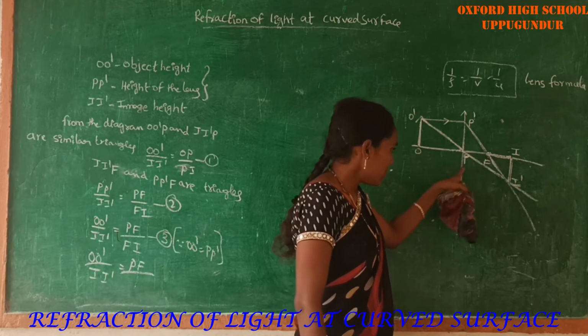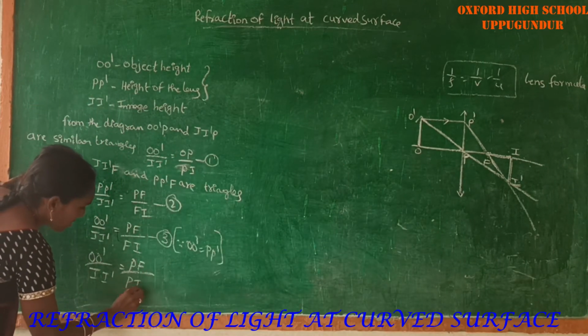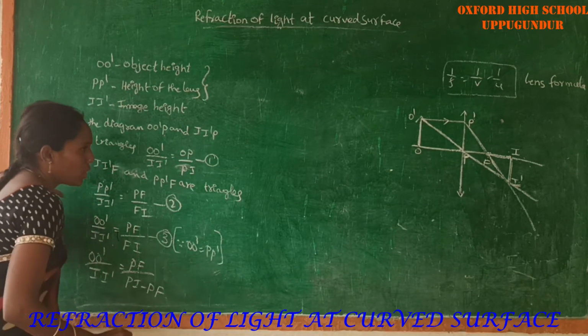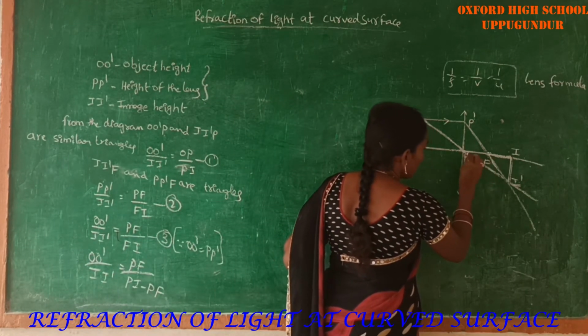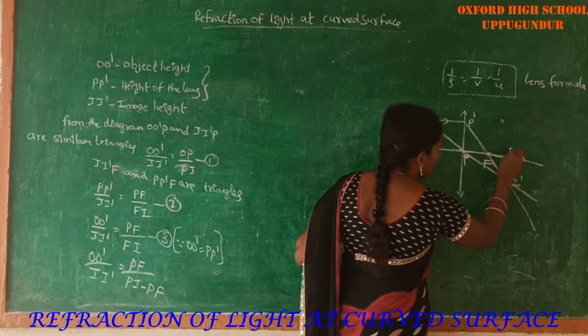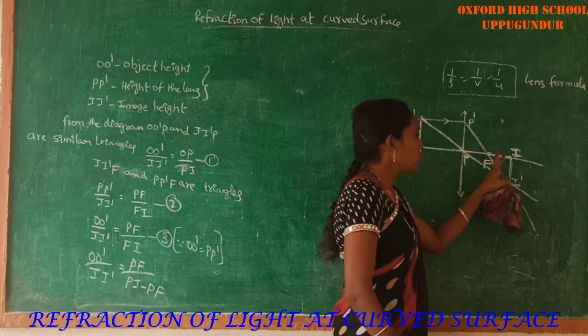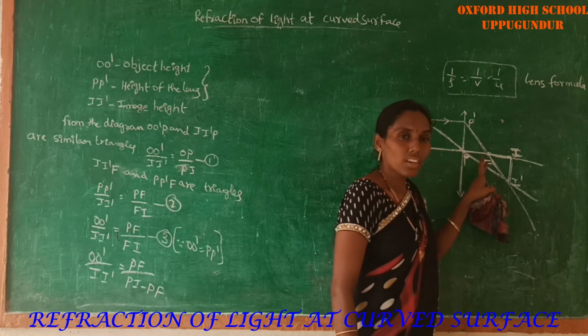That's why this should be written as PI minus PF. Now look at this diagram. This is P, this is F, and this is I. The distance from pole to image is called the image distance. The distance from pole to focus is called the focal length.